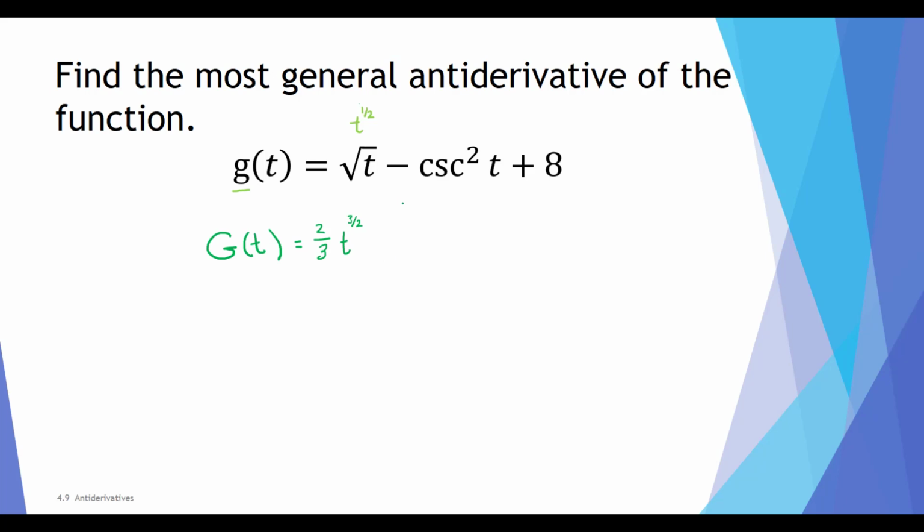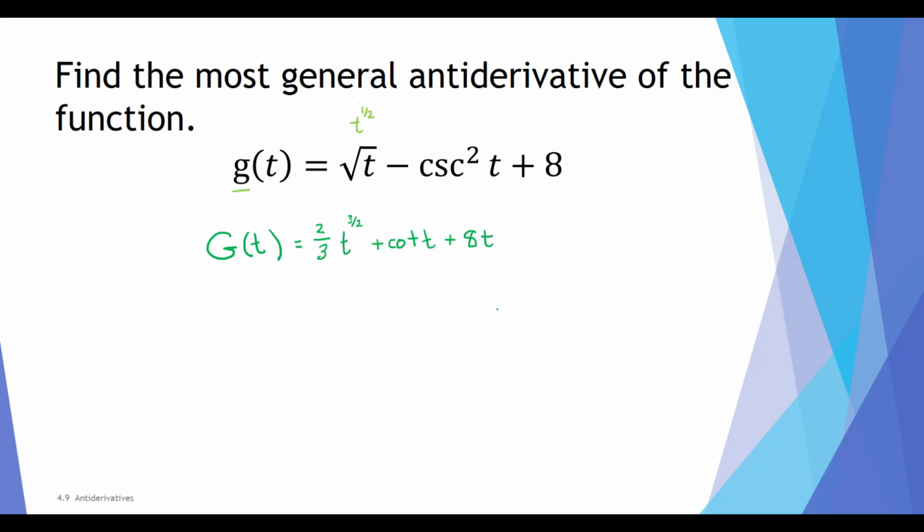Moving on to the next term, I need a function whose derivative is negative cosecant squared of t. I know that the derivative of cotangent of t is negative cosecant squared of t. And for our third term, I need a function whose derivative is 8. I know that the derivative of 8t is 8.